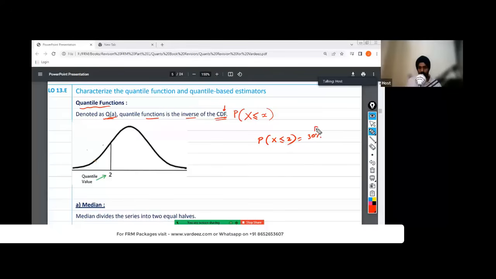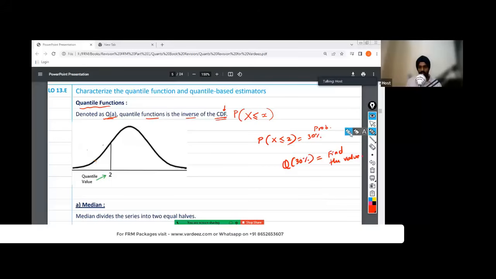Okay, so what I found is the probabilities. Now in the quantile function, you're given the probability, which is 30%, and you're trying to find the value.